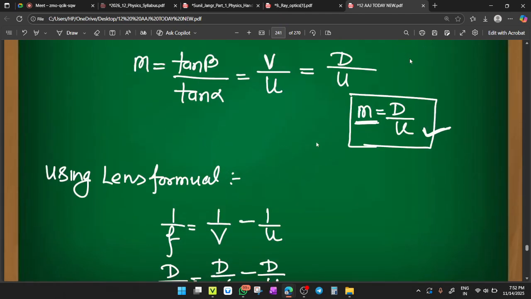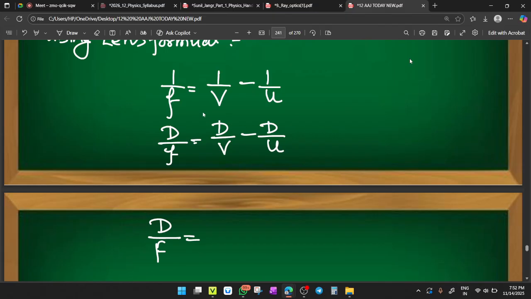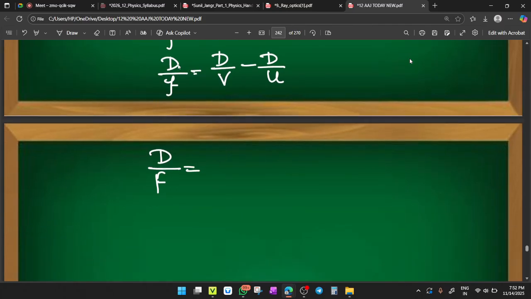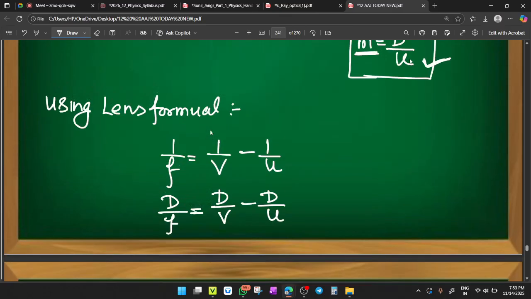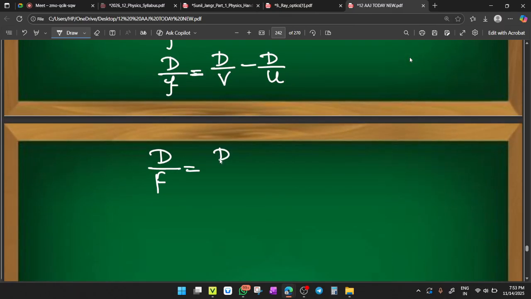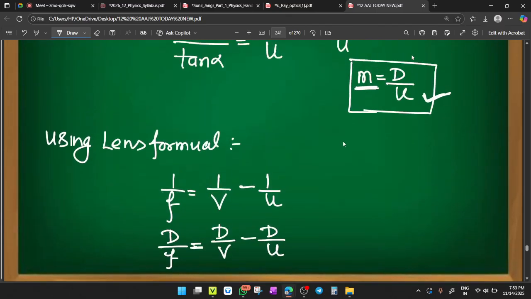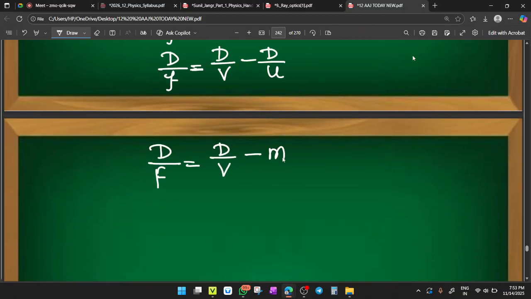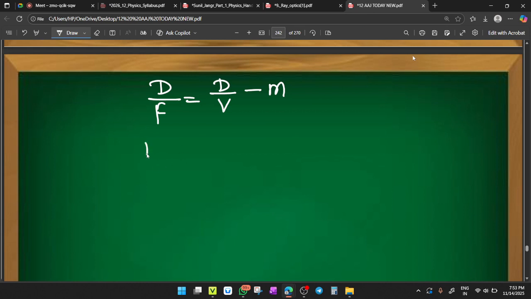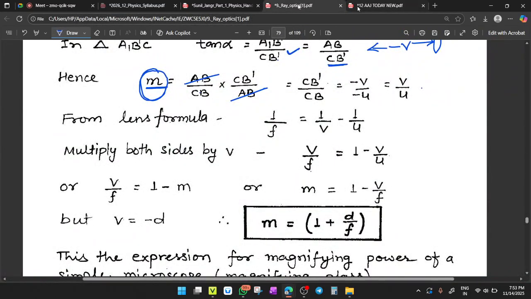Using the lens formula, 1 upon F equals 1 upon V minus 1 upon U. If I multiply by D in the numerator, it becomes D upon F equals D upon V minus D upon U. The value of D upon U is M, magnification. So M equals D upon V minus D upon F.